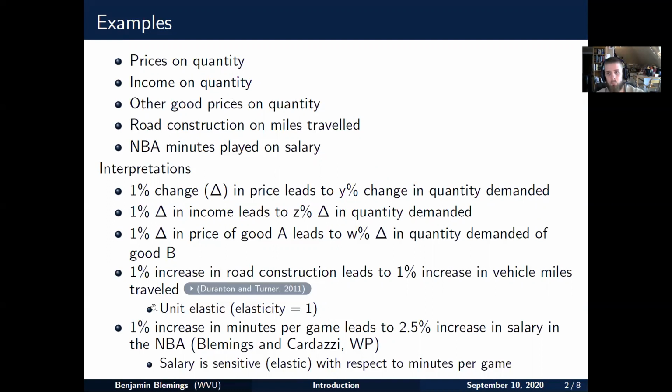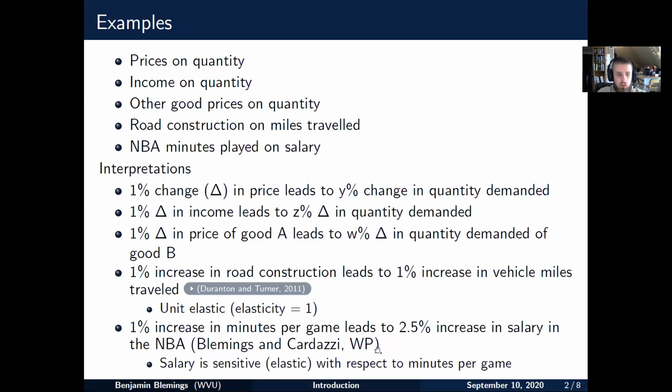And then actual examples from economics literature: a 1% increase in road construction leads to a 1% increase in vehicle miles traveled. So if you build new roads, you won't reduce congestion at all because people just drive more. And that means that the demand for driving with respect to the amount of road is unit elastic, or it's an elasticity of 1.